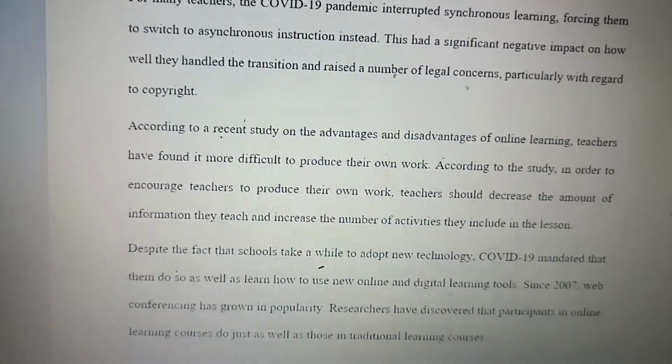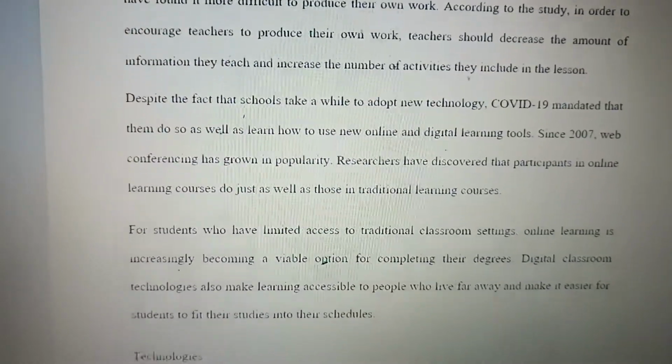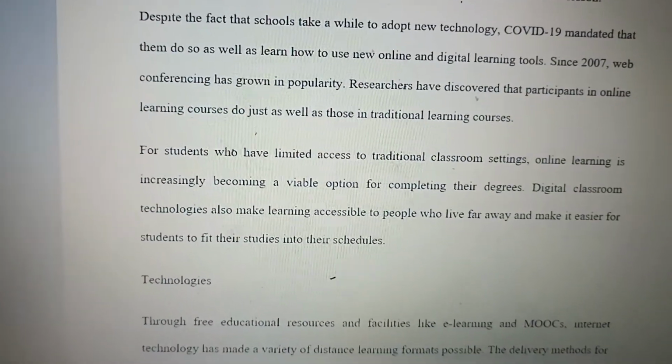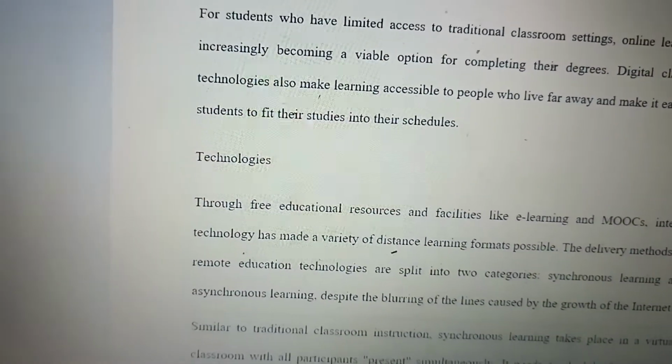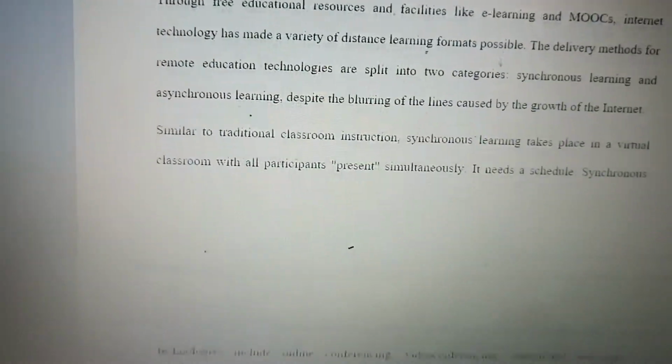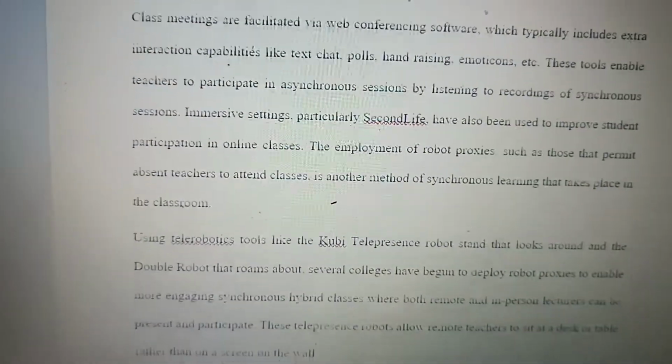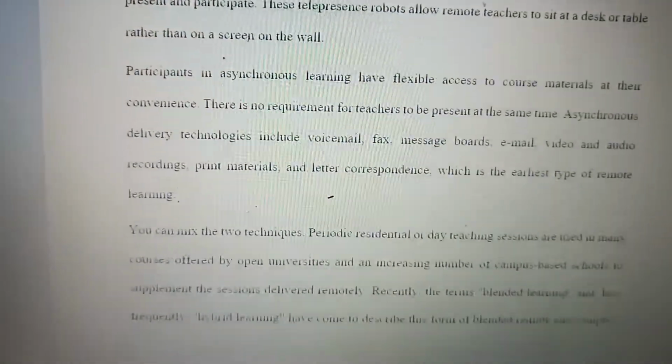So first, regarding distance education, COVID-19 is written. Then regarding distance education is written. What technologies are used in distance education? All of that is written here.